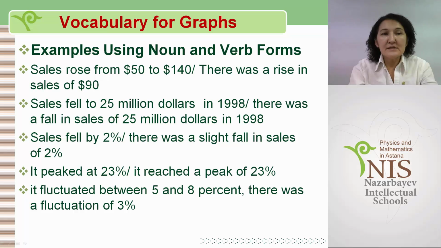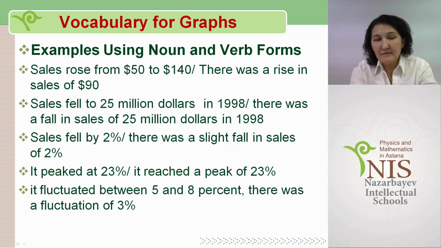Here you can see some examples of using noun and verb forms. Sales rose from $5 to $140. There was a rise in sales of $90. Sales fell to $25 million in 1998. There was a fall in sales of $25 million in 1998.